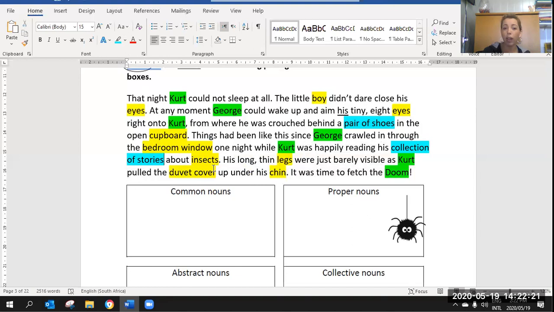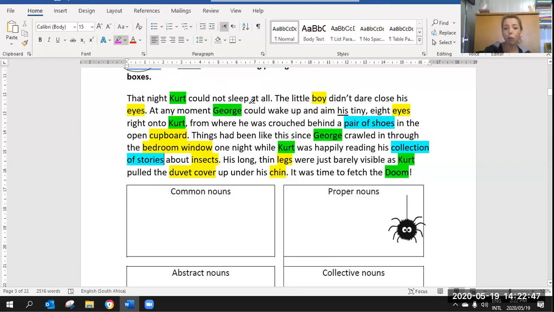Then the last one, abstract nouns. All right, so let's see if we can identify any abstract nouns in this piece. I'm just thinking. Maybe "that night," we said night could possibly be, if you wanted to make an argument for night being an abstract noun. "Sleep," the verb in the sentence, that would be the verb.